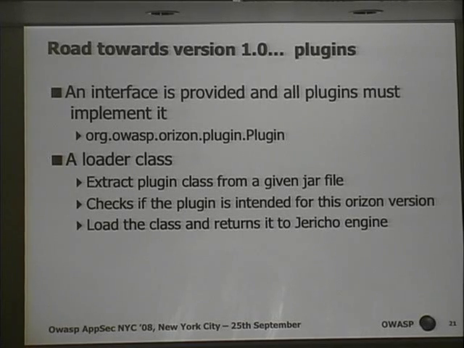Plugin is a cute facility I introduced back in April. All people have to do in writing a plugin is to implement the interface specified there in the plugin package, and a loader class will perform extracting the plugin from the Java jar file, check the plugin is intended for the running ORIZON version, and then load the class and return the class object to the Jericho engine.